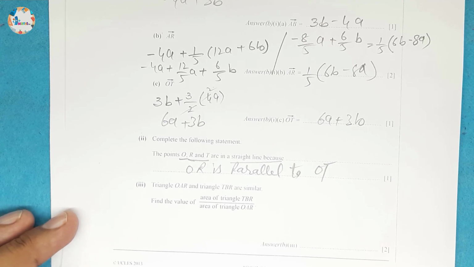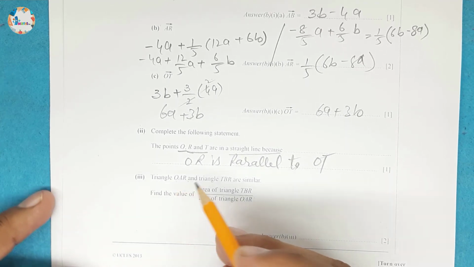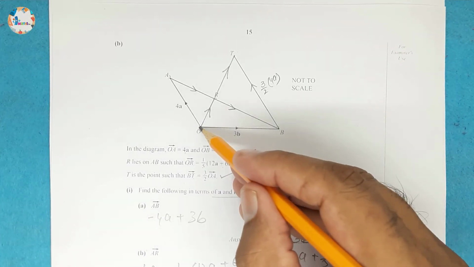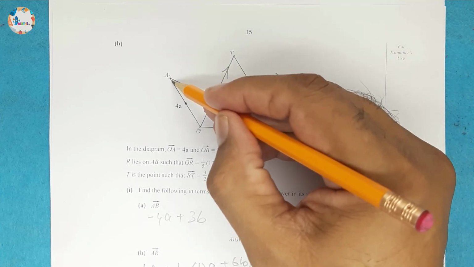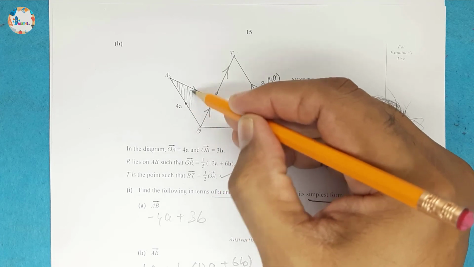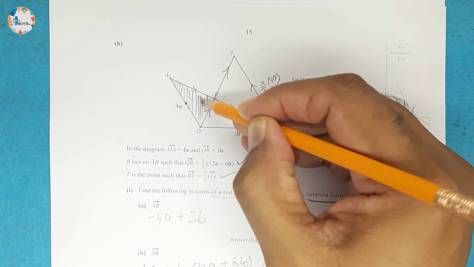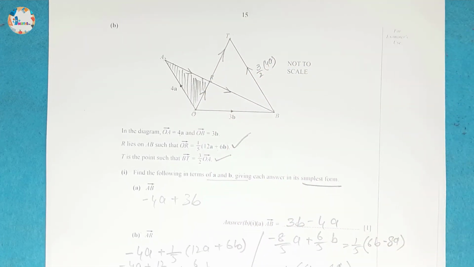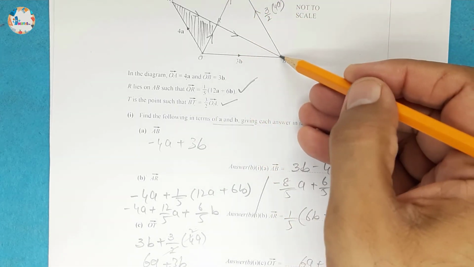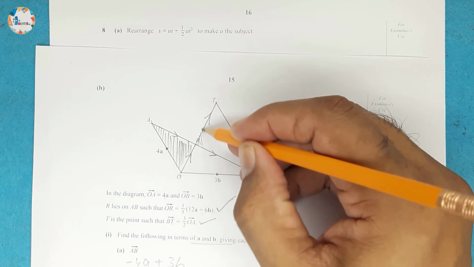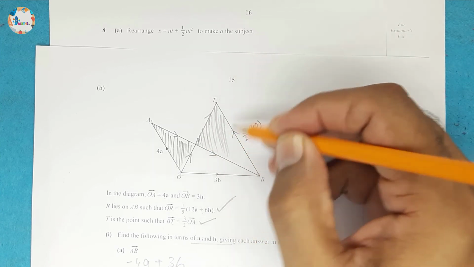Then triangle OAR. They are talking about this triangle OAR and triangle TBR. So TBR is basically this triangle.